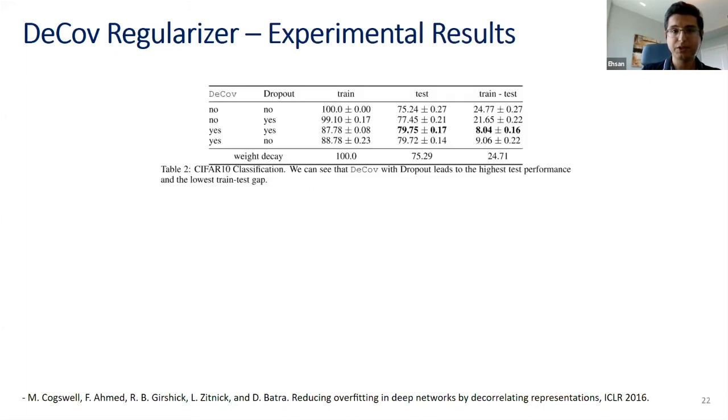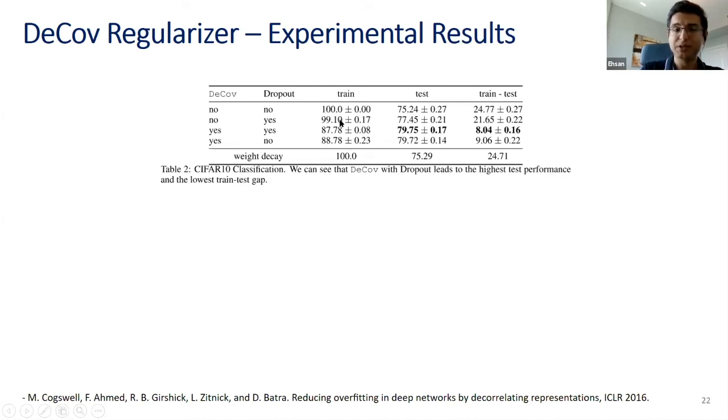Some of the experimental results about using this type of whitening loss: they're comparing their method with dropout, because dropout is also a method for reducing the correlation between different feature dimensions. And here you can see that when we just use dropout, we get a training accuracy of 99. But with DeCov, we're getting a training accuracy of 88.